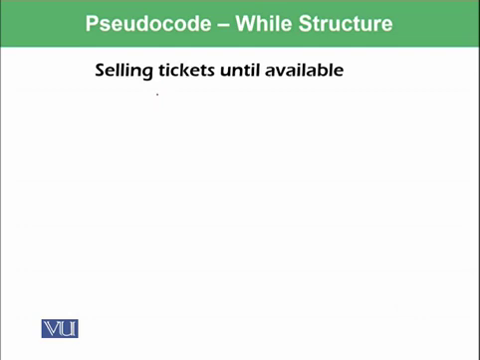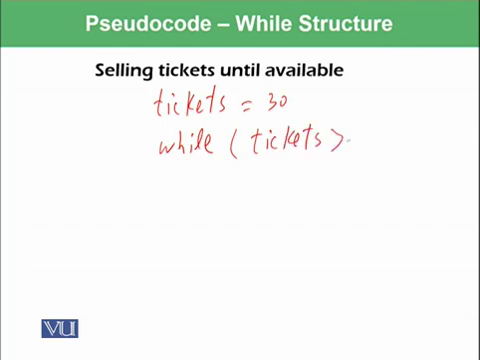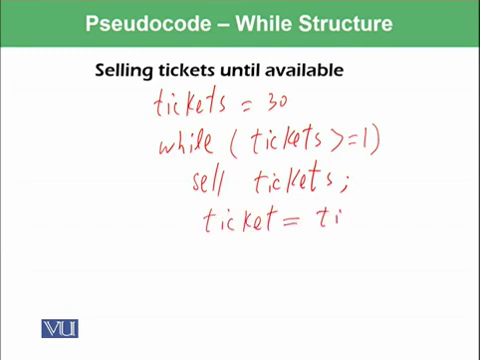For example, you have 30 tickets available, and you say: while tickets are greater than or equal to 1, sell tickets, and tickets is assigned tickets minus 1. So we have represented the same pseudocode in a bit more formal way.